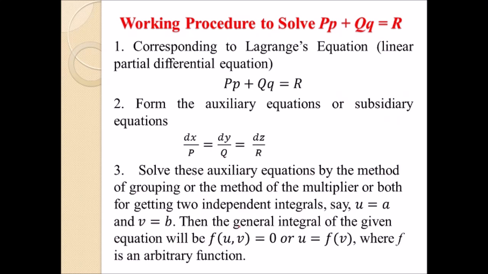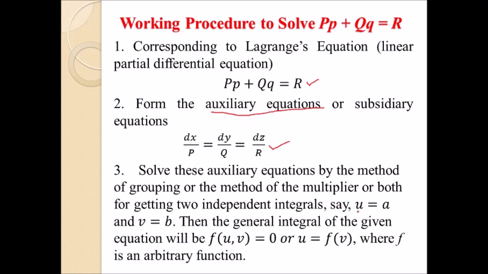Now we'll move to the working procedure to solve the Lagrange's linear PDE. First of all, we have to put it in the standard form if it is not in the standard form, and identify what is P, Q and R. In step 2, we'll be writing the auxiliary equations or subsidiary equations: dx by capital P is equal to dy by capital Q is equal to dz by capital R. To solve these auxiliary equations we can use the method of grouping, or we can also use the method of multipliers, but in this video we are learning the method of grouping.